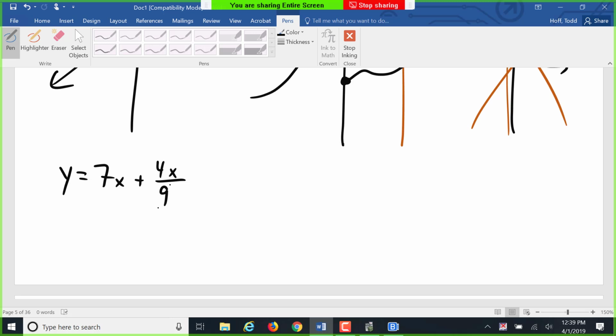It must not have any powers on the y other than 1. That's true here. And the powers on x have to be whole numbers: 1, 2, 3, 4, 5. They can't be fractions or decimals, and we have to be careful about negatives. That is a function.